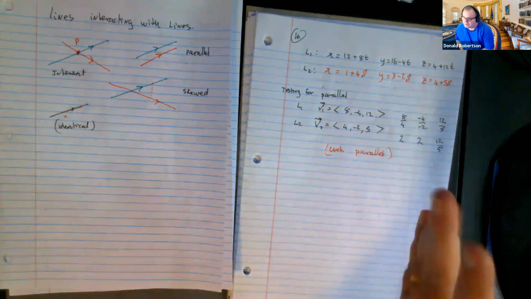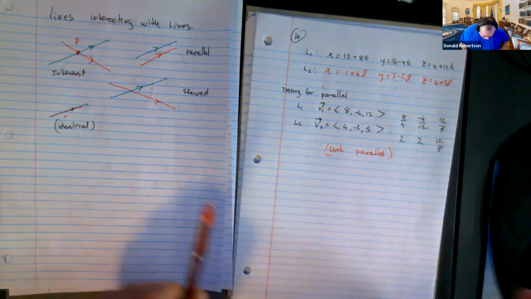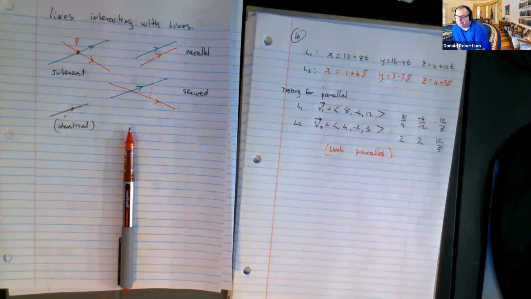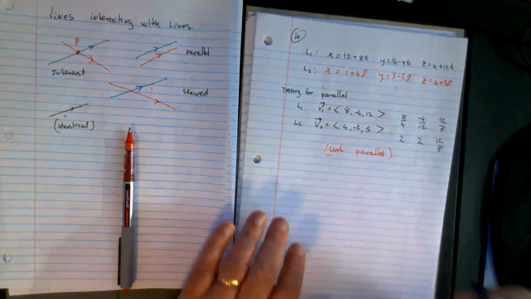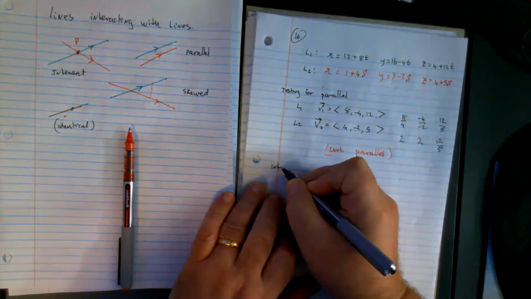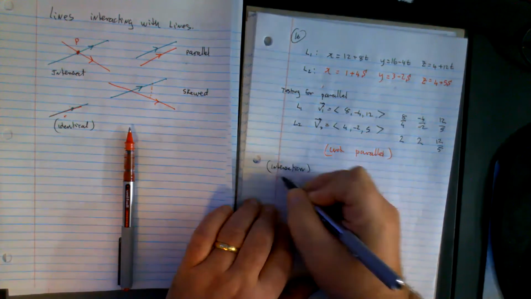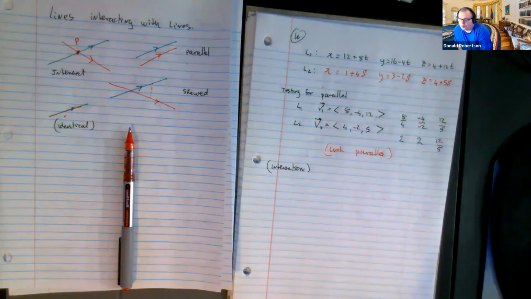That's all we need to figure out. Any suggestions how you might tackle that problem? How you might find the point where they intersect, if they do intersect.